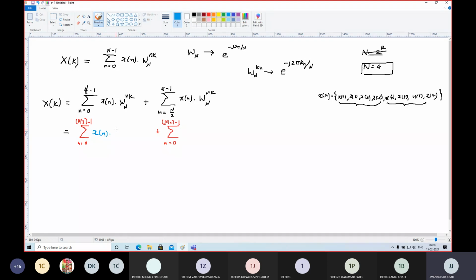See, this is not going to be changed, right? Because we have not changed anything in the first term. So let me write it down as it is: Wn raised to nk. But what about these? Should I write down x of n? Will it be correct? No, of course not, right?